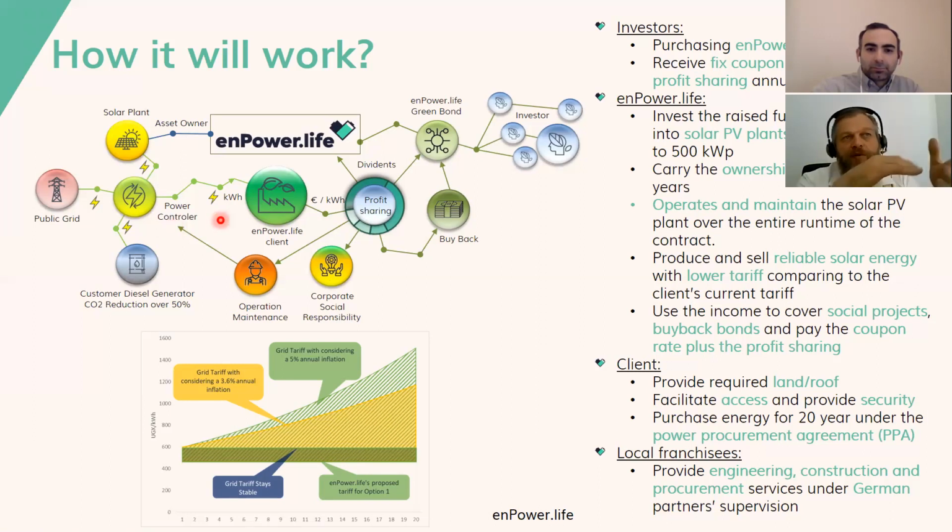From this profit, we are paying back the money to the green bond and to the investors finally. A part of the profit we invest in social projects on the place. For example, if you have a tea factory and the tea factory has a school, then we will take care that the school gets lights and things like that, so that they profit from this project as well.